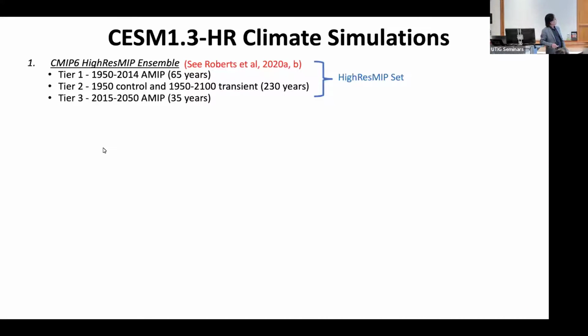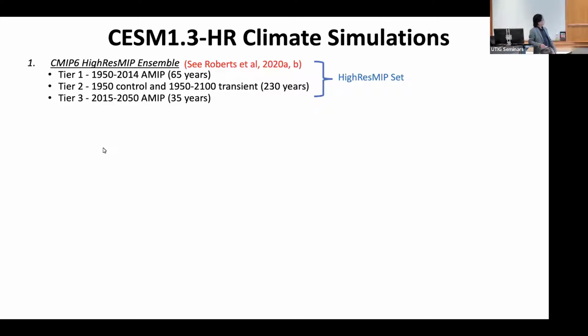So in terms of the simulations we have finished so far, we did 3 main sets of simulation. The first set is the CMIP6 HighResMIP ensemble, and there are a couple of papers published already. The first thing we did is contribute to the CMIP6 HighResMIP ensemble: 3 sets of simulation, and 1 standard AMIP simulation from 1950 to 2014.